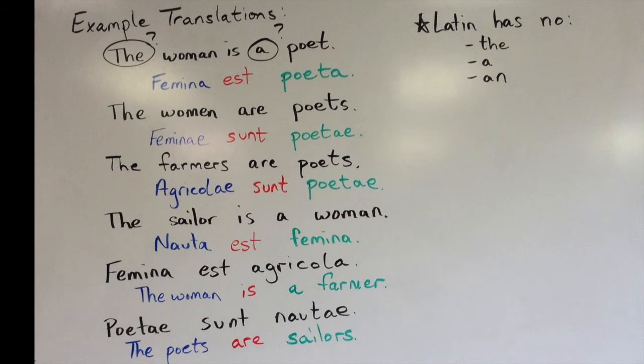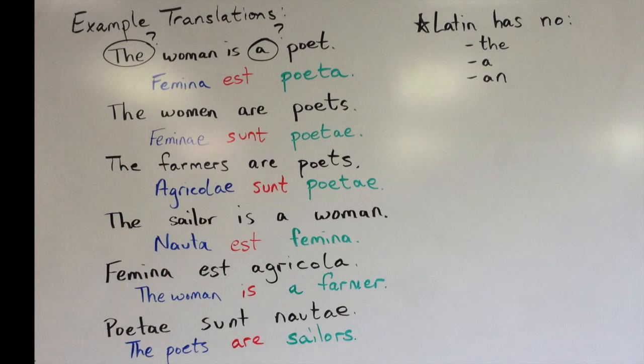Notice how we had to supply the words the and a where they made sense to us. There's no real rule about when to use them, when to not, but we can pretty much tell that the sentence woman is farmer sounds wrong to our English ears. And so we know that we're going to have to add the words the, a, or an wherever they're going to sound right in English.